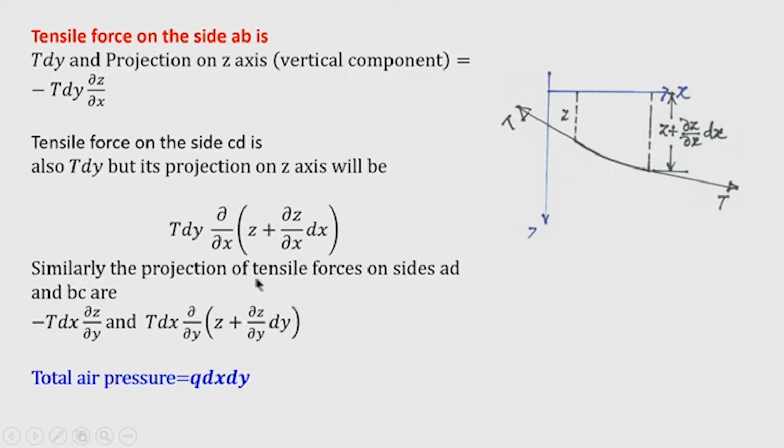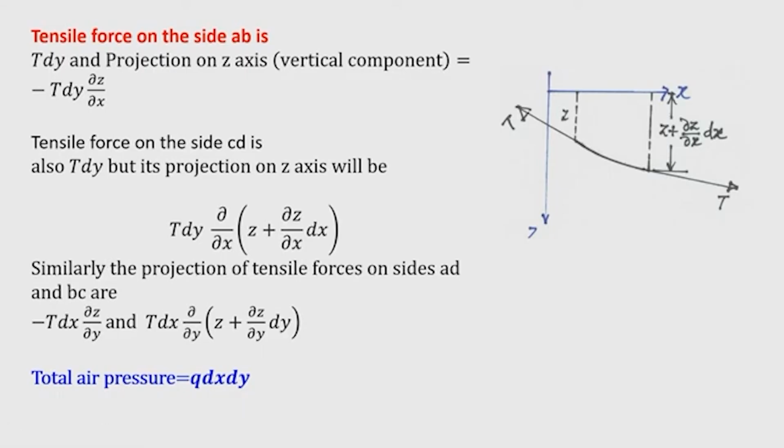So we have got the projection of these forces, that is the vertical component of the tension. And let us see what will be the externally applied forces on the membrane. We consider the air pressure on the membrane, which is uniformly distributed and its magnitude is q per unit area.